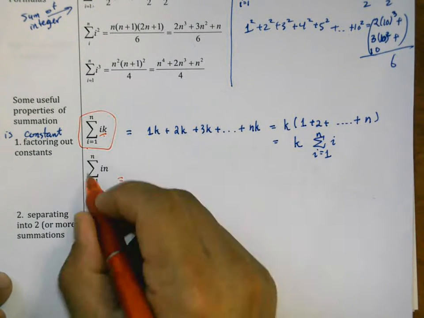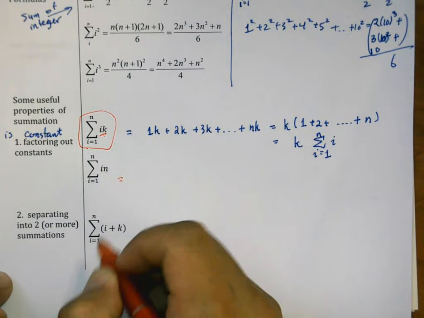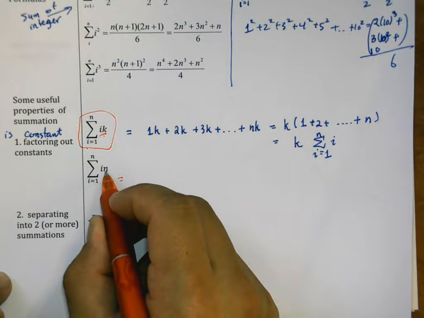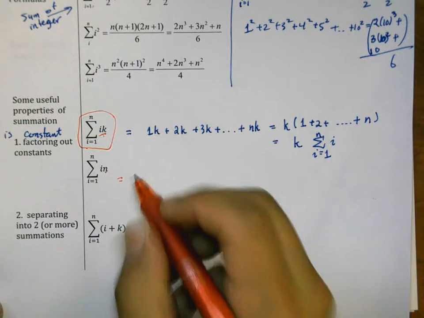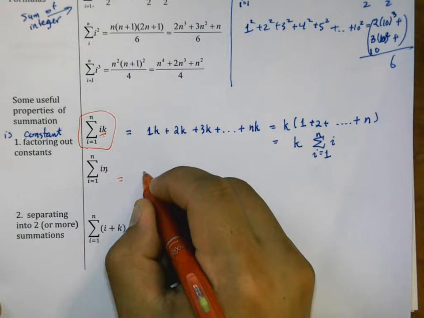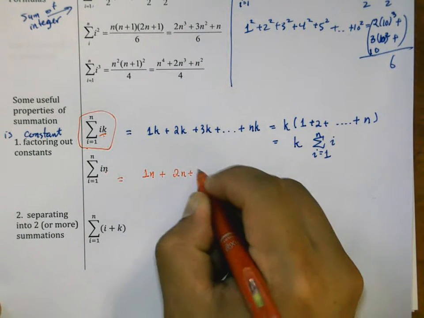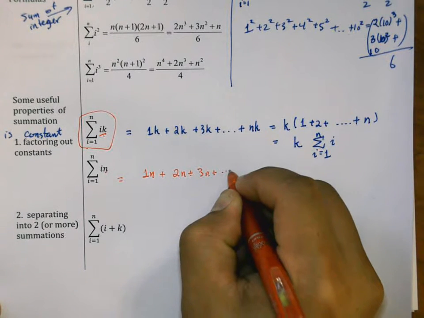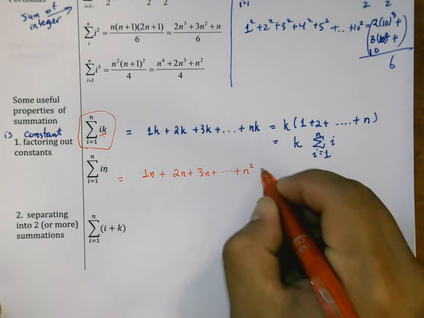Similarly here, notice I have this n and this n, but in this case n is treated as a constant within the summation. So if I were to work this out, we would get 1n plus 2n plus 3n all the way up to nn, or n squared.